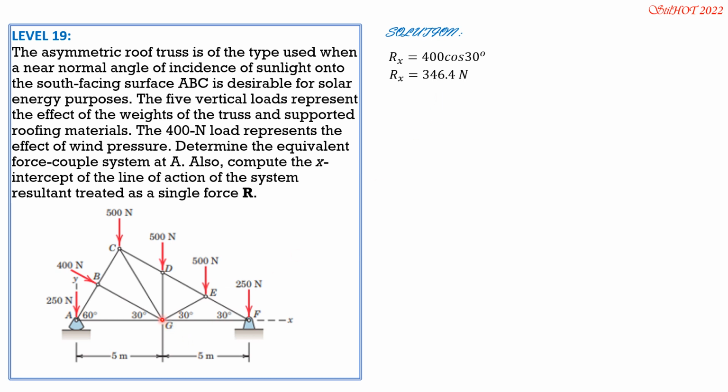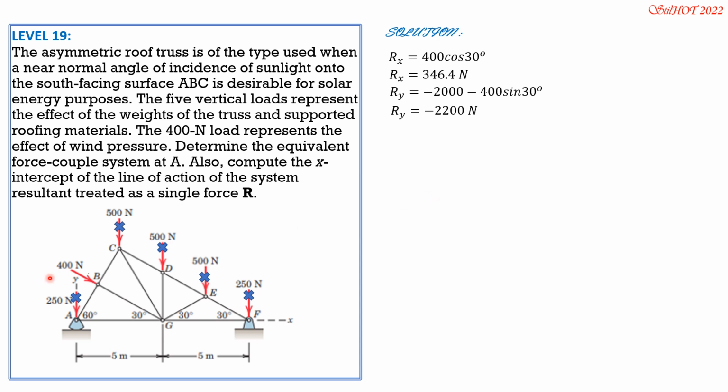While Ry is negative 2000, then negative 400 sine of 30, because this is downward. So Ry is negative 2200 newtons.